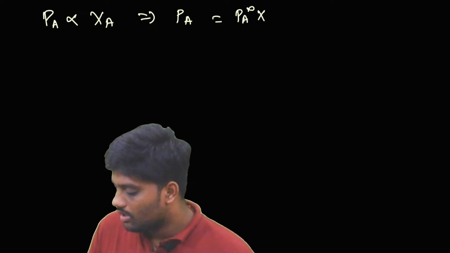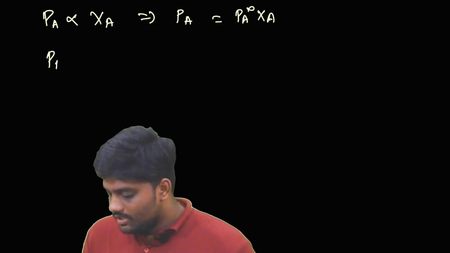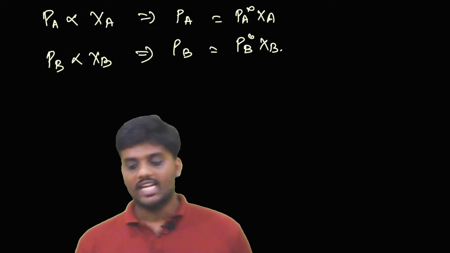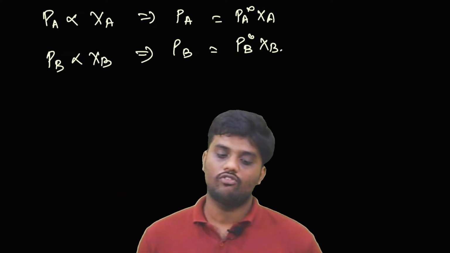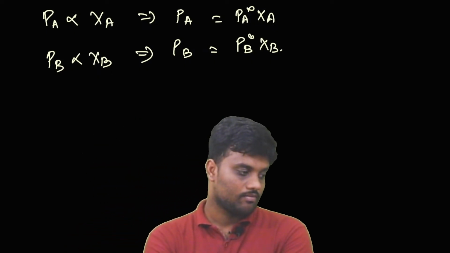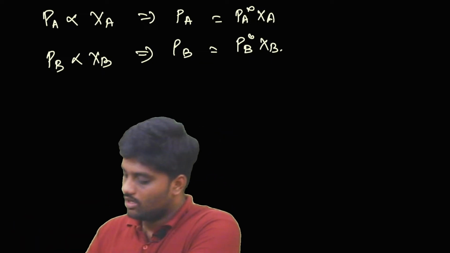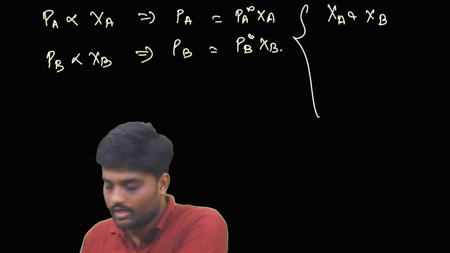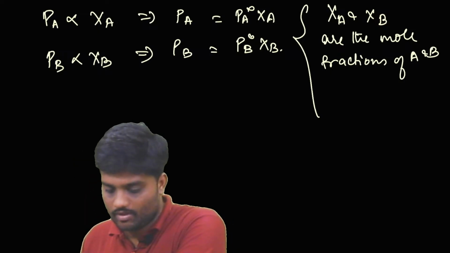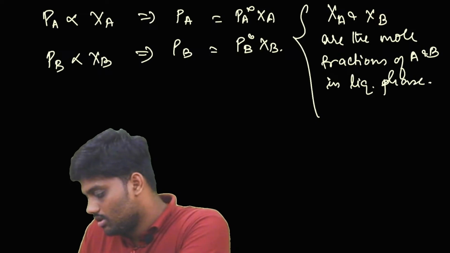See here, vapor pressure PA is directly proportional to psi A. That means PA is equal to PA naught psi A. PB is directly proportional to psi B, so PB is equal to PB naught psi B. Here psi A and psi B are the mole fractions of A and B in the liquid phase. Understood?